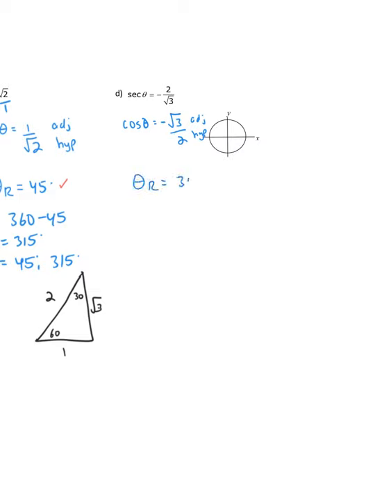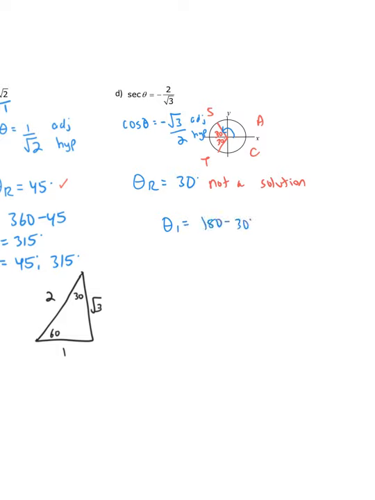The reference angle is 30 degrees. So now we are going to identify where the solutions lie. We'll use cast. The cos ratio is negative, so our solutions are going to be in the second quadrant where only sine is positive, and the third quadrant where only tan is positive. So that means that our reference angle of 30 degrees is not a solution. To find our solutions, we do 180 take away 30 degrees.